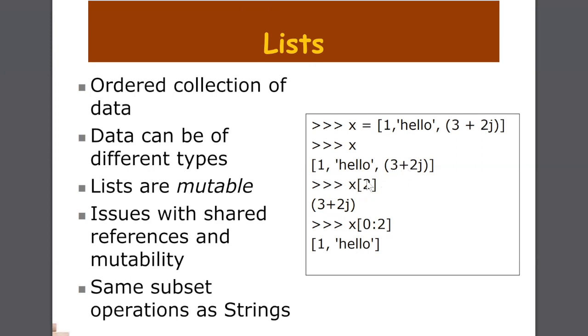So x square brackets 2 will take the value at index 2, right? And then x[0:2] means it'll give you the values starting from index 0 and stopping before index 2. So the second index is always exclusive, right? So it'll go from 0 and 1, but it won't include 2. So it'll be 1 and hello.